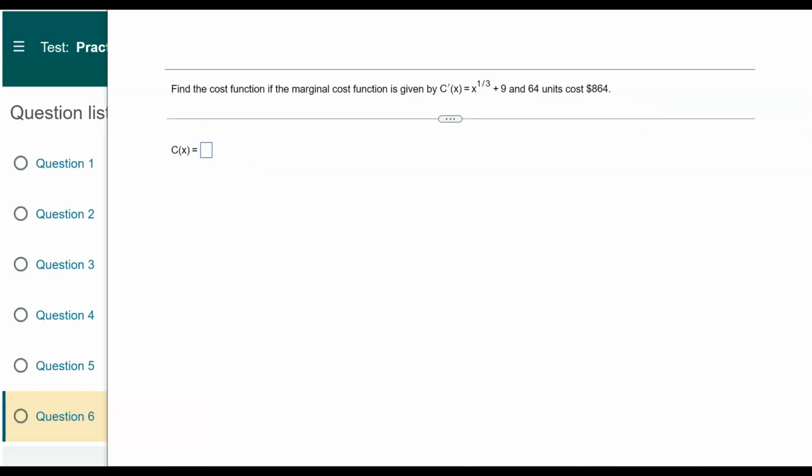So let's go ahead and do that. We will have to get C of x by integrating C prime of x with respect to x. So we have the integral of x to the 1/3 plus 9 dx. And what's the integral?